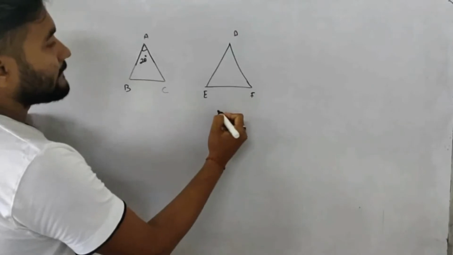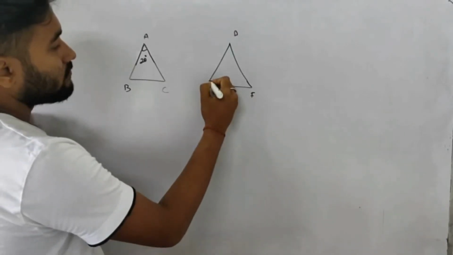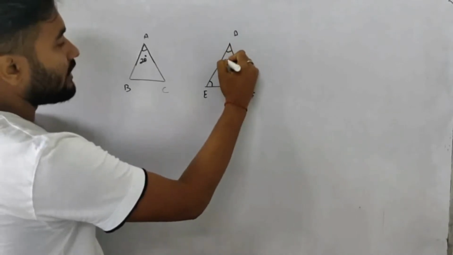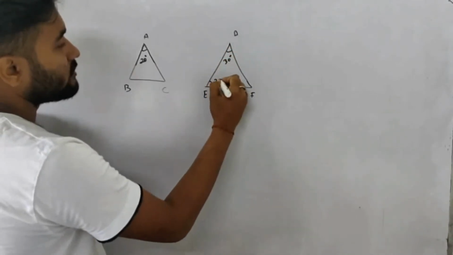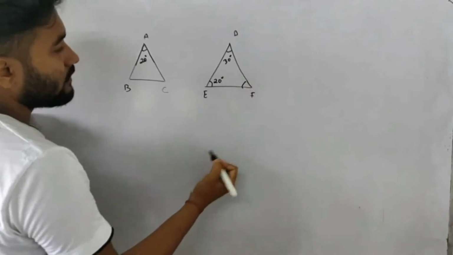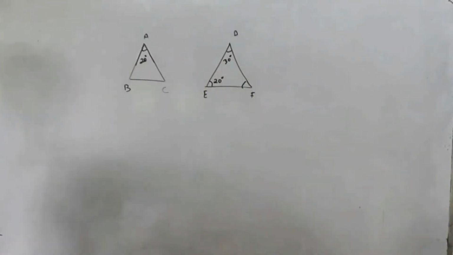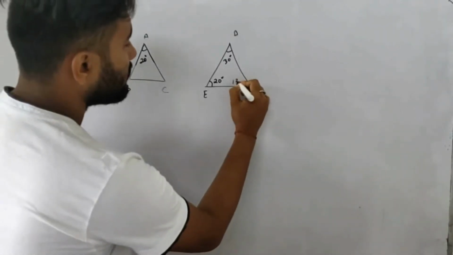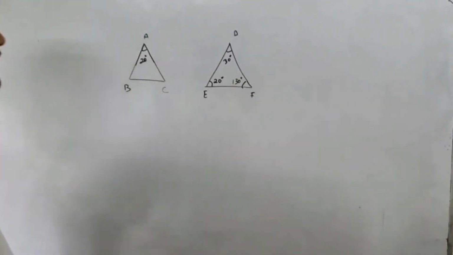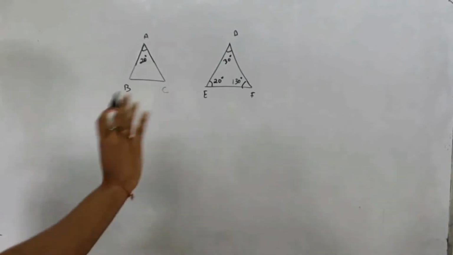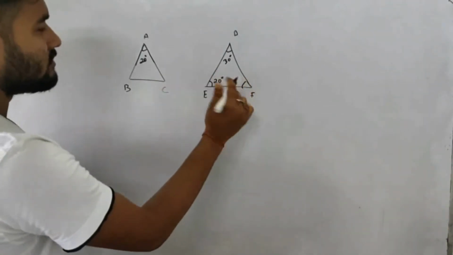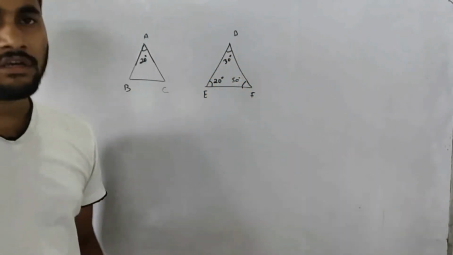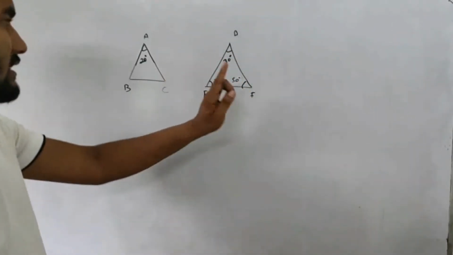Now say this value is 30 degrees. This value is 20 degrees. And this value is 130, right? This is just an example, I am just considering the degrees. This cannot be 30, 20, 50, this is not true, but just an example I am giving.